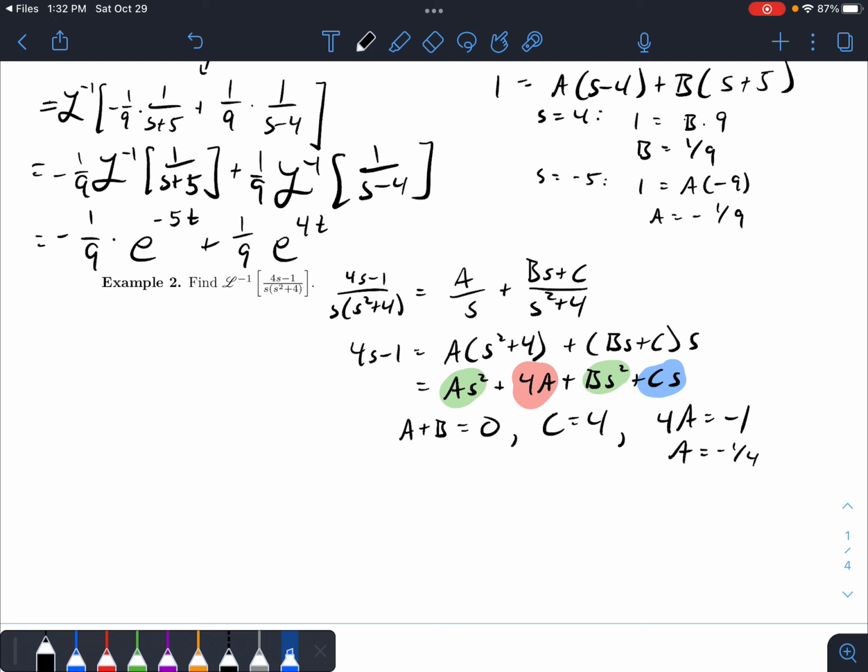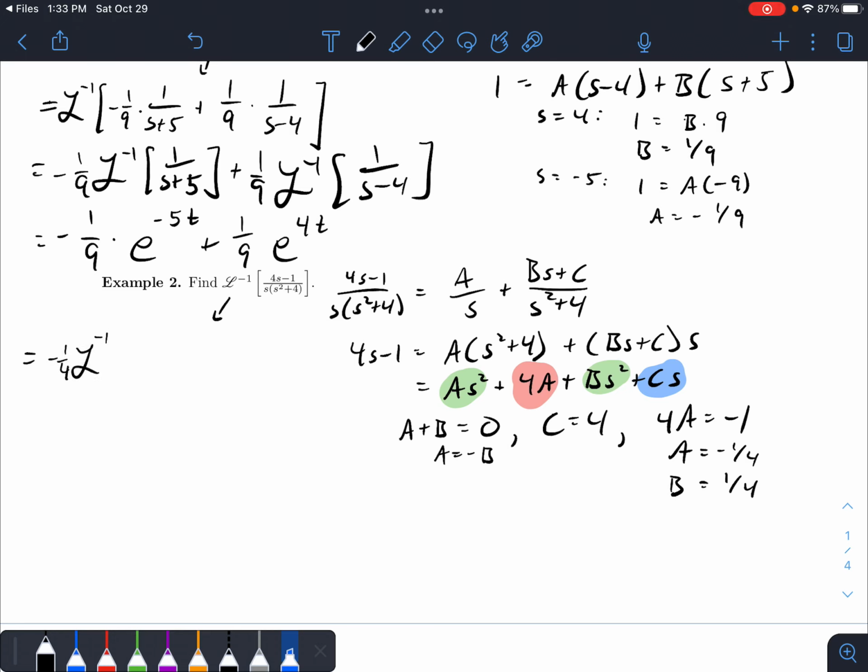These are our constant terms. All right, so a is equal to negative 1/4. This tells us that a is equal to negative b, so b is equal to negative a, so b is equal to positive 1/4. So this is equal to the inverse Laplace of this whole thing, but now we know what a and b are.